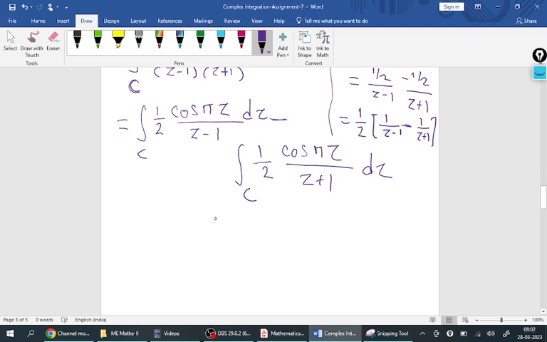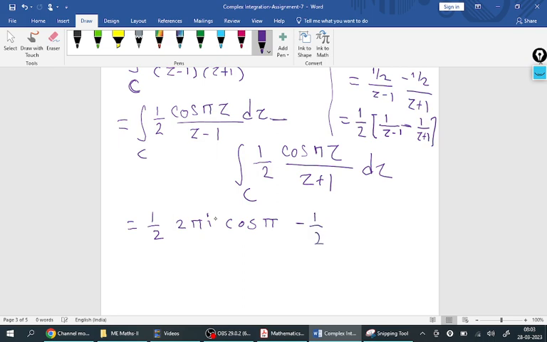Now by Cauchy integral theorem, integral f z upon z minus a is 2 pi i f of a. So this 1 by 2 is there as it is, but there is a 2 pi i into f of a, meaning cos of, so what is a? a is 1 here. So it is cos pi. This is by Cauchy integral theorem.